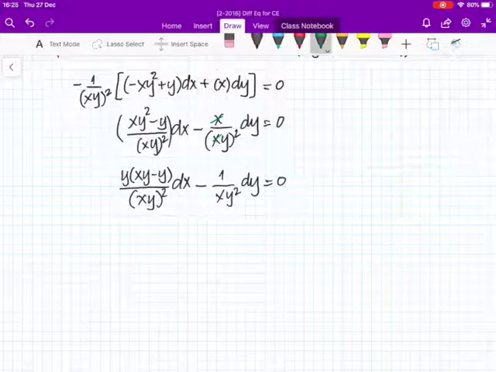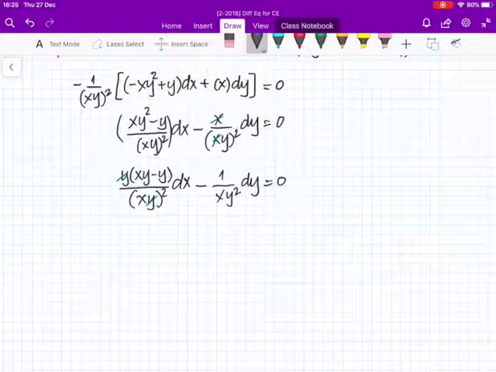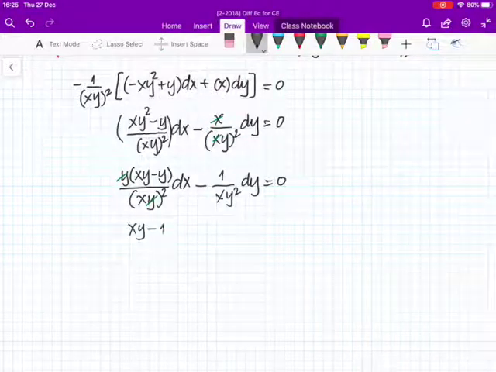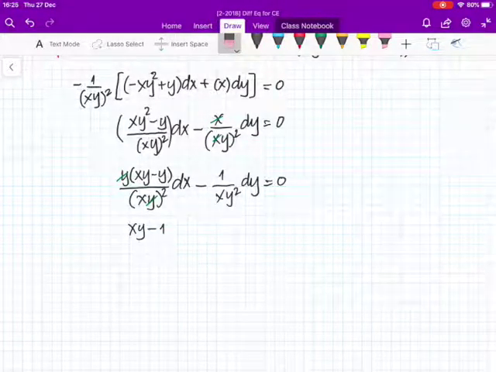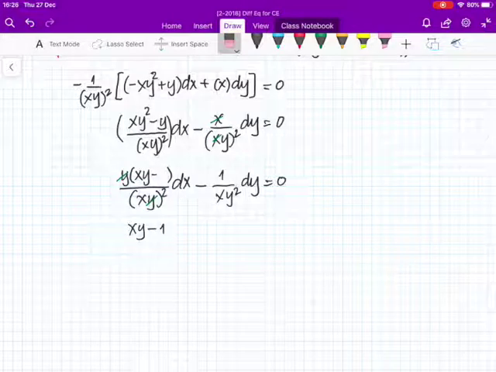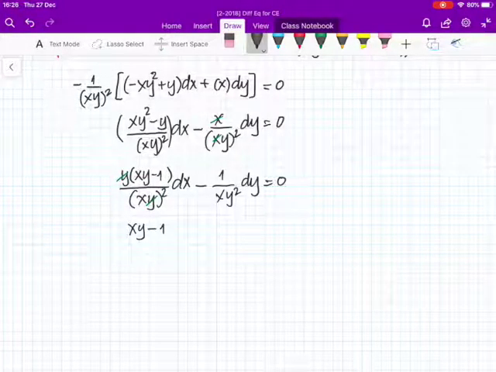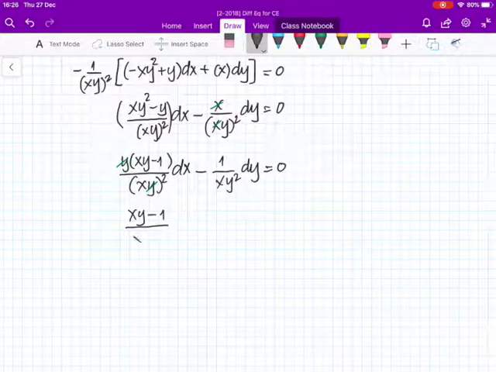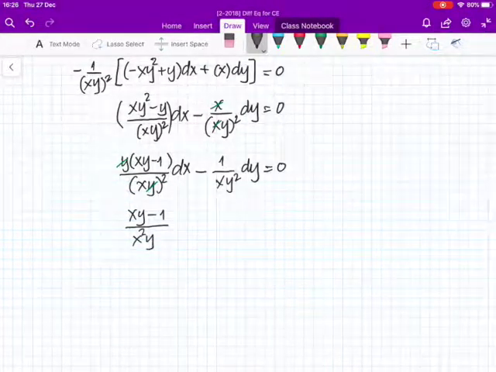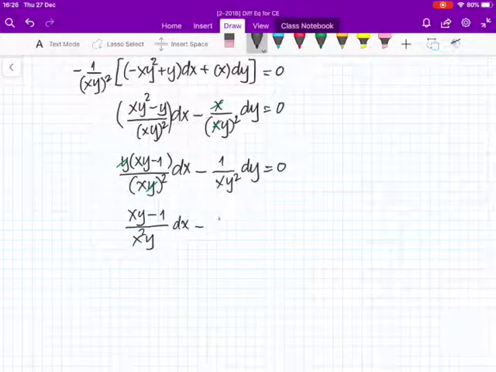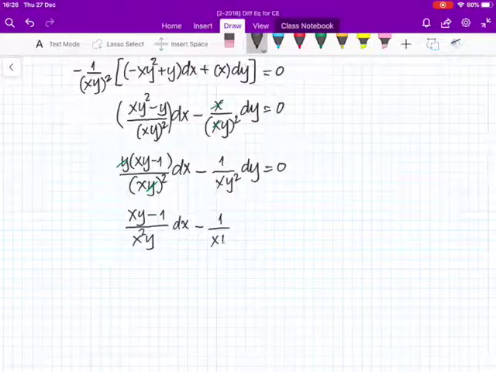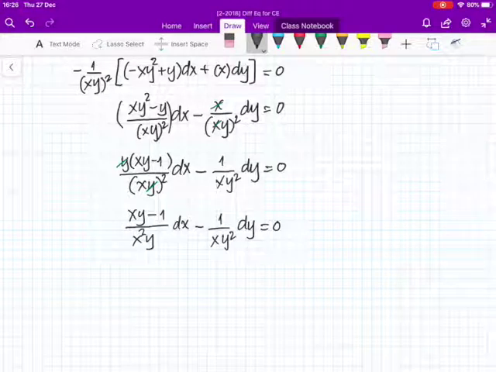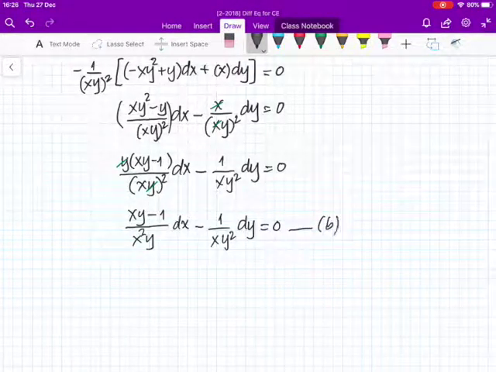And again you can reduce the y. Oh sorry, this should be 1, right? 1 over xy dx minus xy squared over y dy is equal to 0. It became a new equation B.